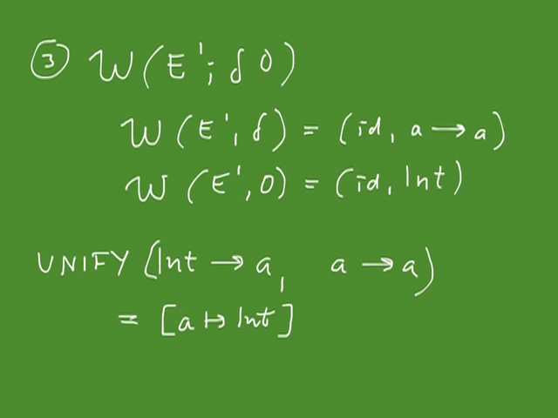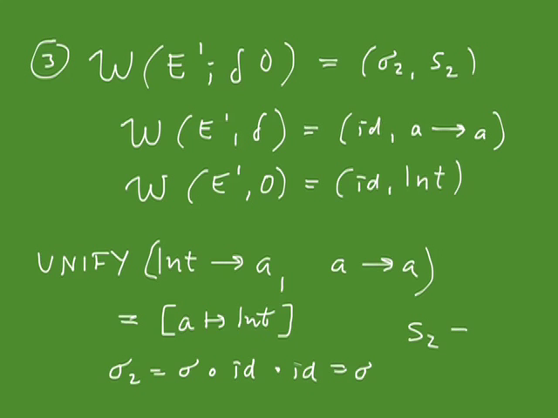So now this gives us the substitution sigma 2 and the type S2 that we were looking for, because sigma 2 is then sigma applied to id, composed with id, which is just sigma, and S2 is then sigma 2 applied to a, which is int.